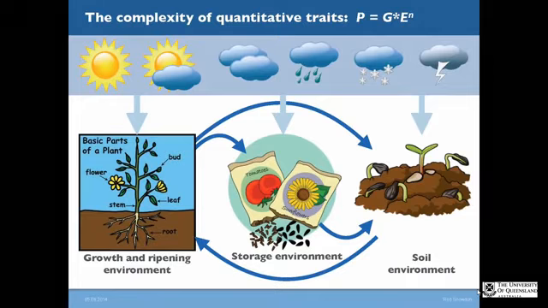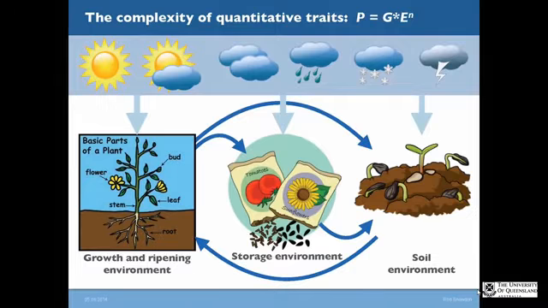And of course, all of these things will influence the way that the seed germinates and begins to grow or doesn't. But also, then you have the environment where the plant is harvested. So this can also be influenced by temperature, by nutrients, by water status, and so on. And all of these things influence the quality of the seed. So the quality of the seed also influences how it germinates.